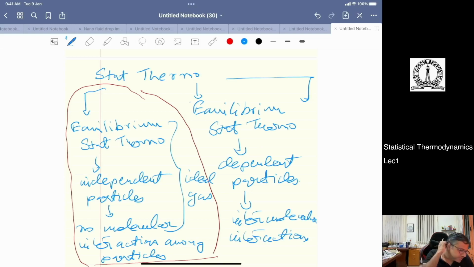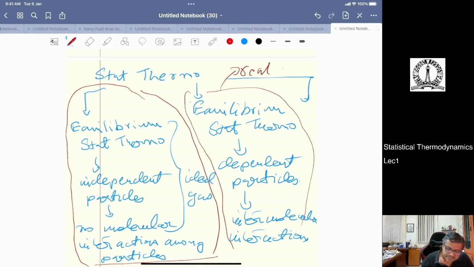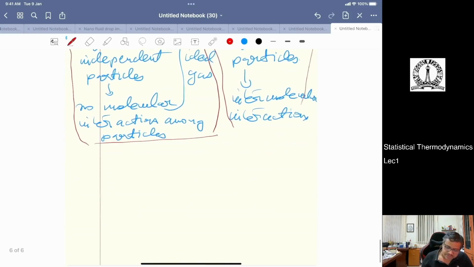Examples are real gases and polymers. These will all be part of this second one.